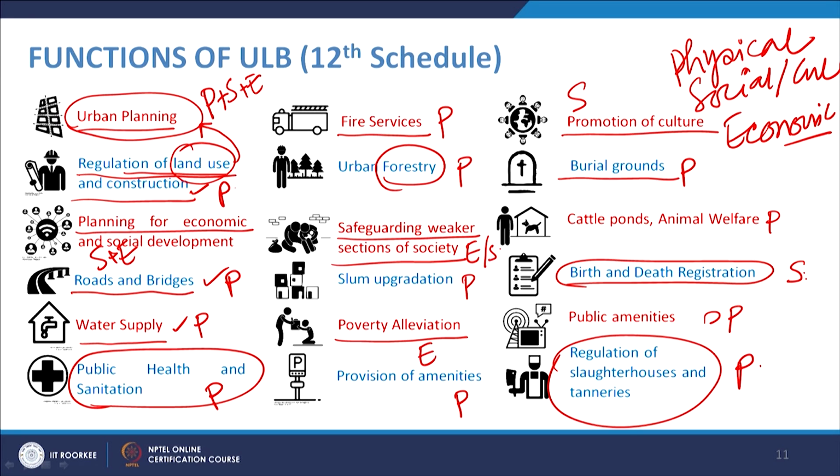So, you can understand that out of the 18 jobs, more than 12 functions are related to the physical development of the area, which needs significant knowledge about urban planning and development. Within this module, in some lectures we will discuss that, and the remaining 3 or 4 are social and economic development. So, it is also very important for the urban local bodies to develop those aspects.